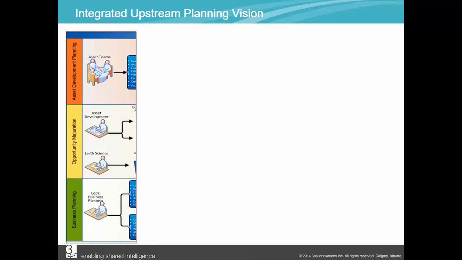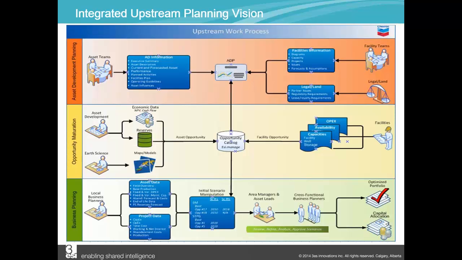What this graphic ultimately seeks to illustrate is the relationship of these groups and all of the different data elements, tools, and interactions that are potential between these different teams.